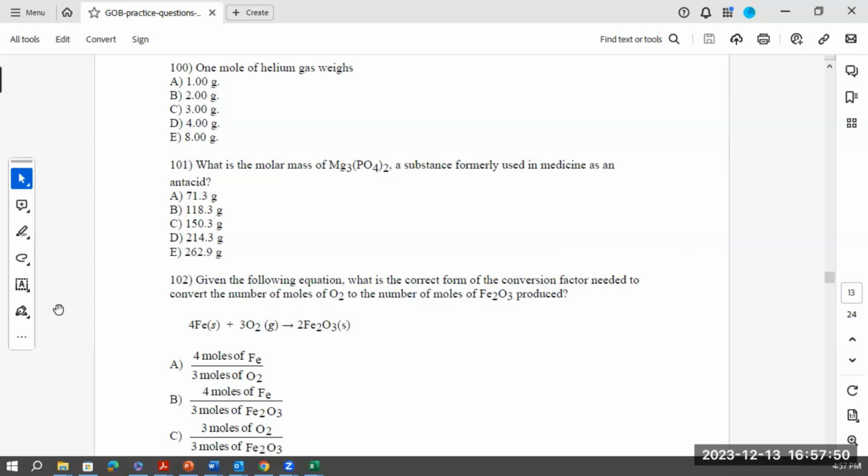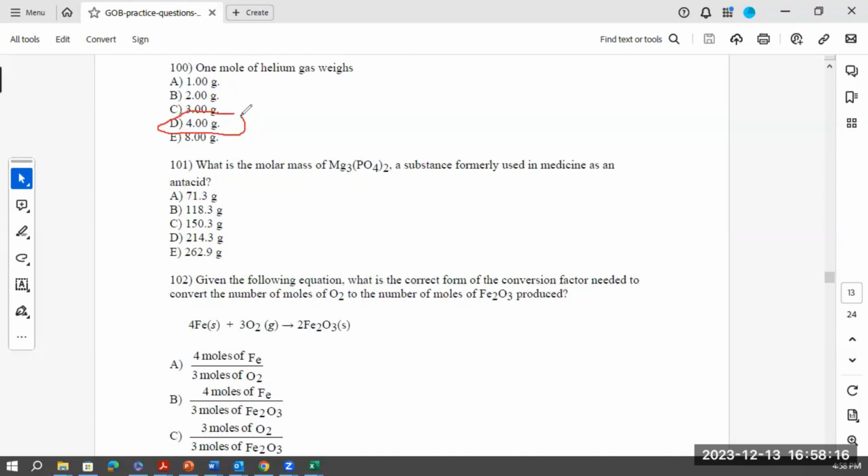So 1 mole of helium gas weighs: A, 1.0 grams; B, 2.0 grams; C, 3.0 grams; D, 4.0 grams; E, 8.0 grams. It would be D as in donkey, right? Because we know that if we look on a periodic table, what is the mass of helium?